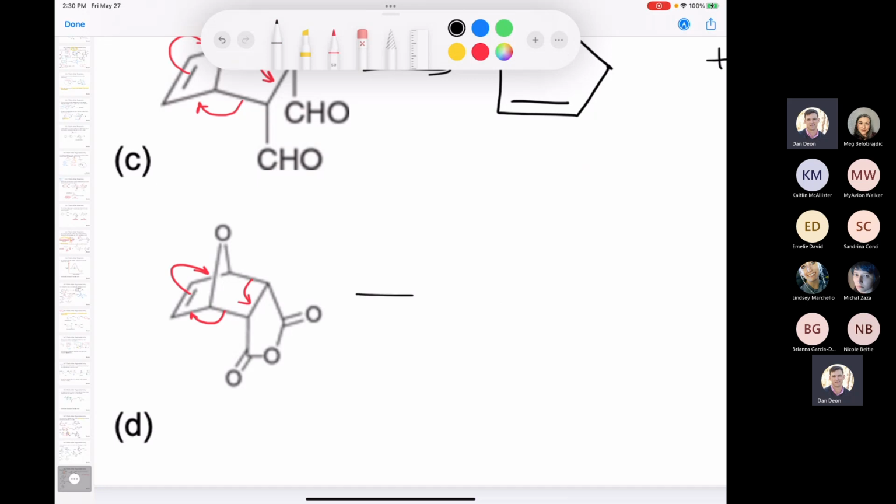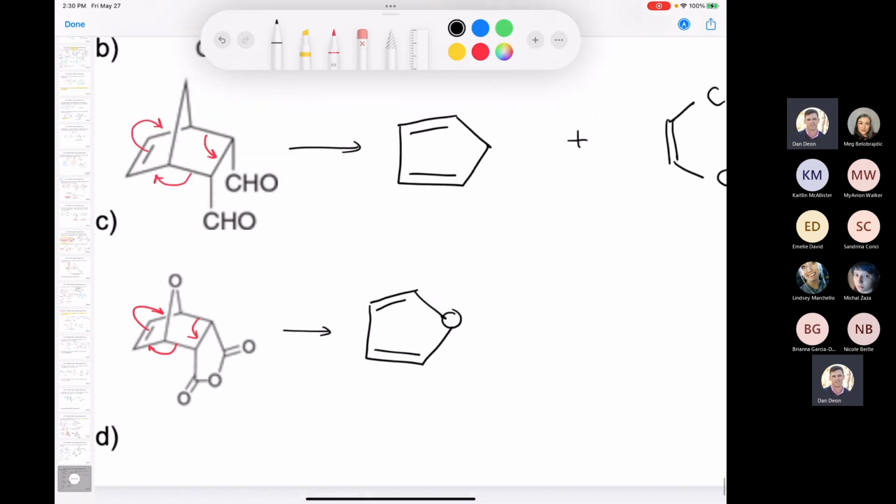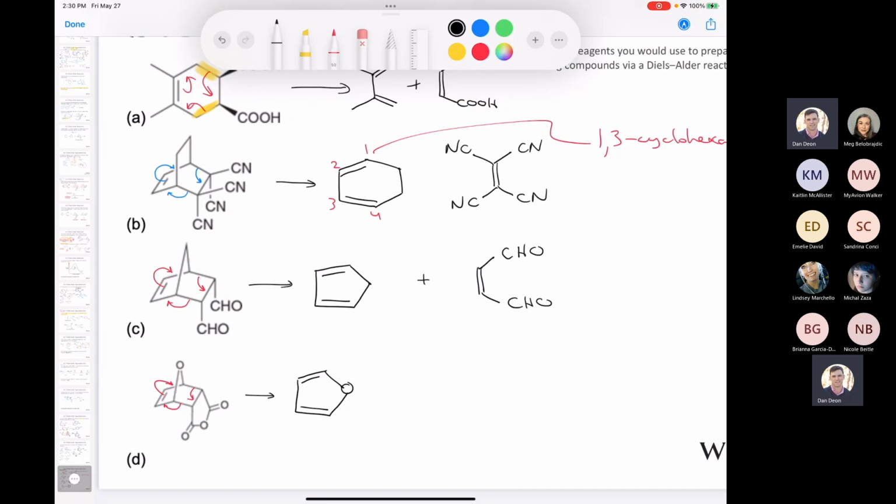And what's our diene going to look like? We have a 5-membered ring with our 2 double bonds here. And then you probably remember this dienophile, which is called maleic anhydride, which came up a couple of times today. And there you have it.